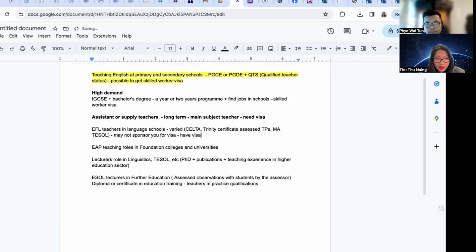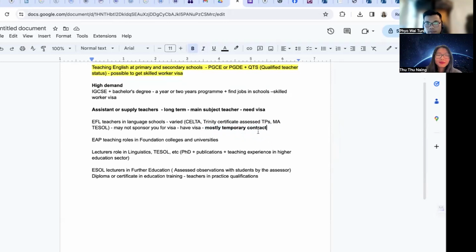But the challenge here is that it is mostly temporary contract. So the chance of getting a permanent full-time job might be a bit challenging for EFL teachers in language schools. It is possible to get a job, but you might get a 0-hour contract, which means you get paid for the hours you teach.